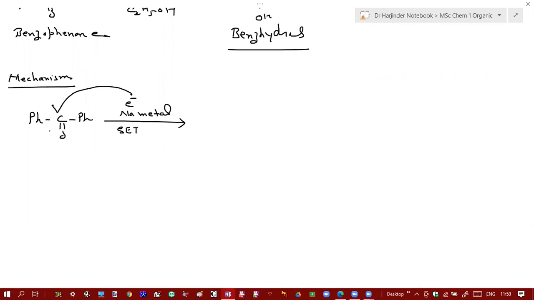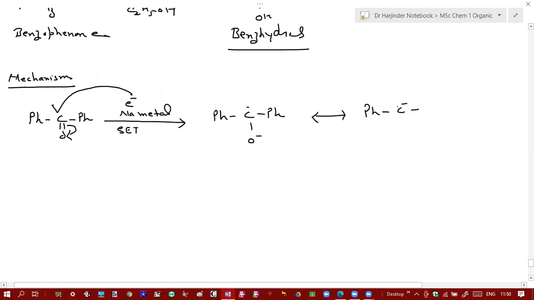So out of carbon and oxygen, which will acquire the full negative charge? Oxygen, as it is more electronegative. This becomes a radical anion. Of course, this will be stabilized by resonance. You can have a situation with a negative charge on carbon and a single electron on oxygen, but this will be less stable.